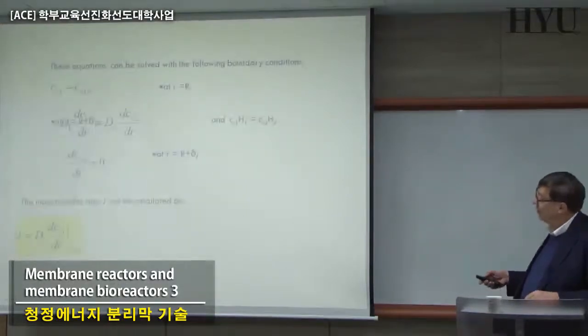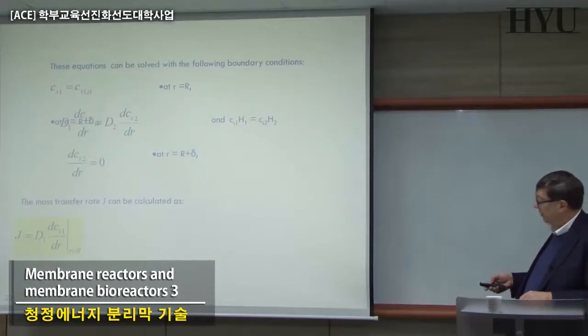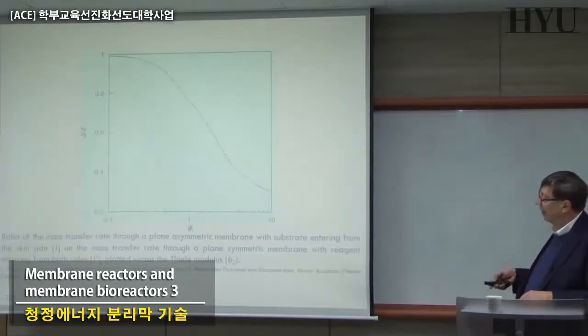If you do this, you can develop the equation and calculate the mass transfer across, the diffusivity, etc., and you will arrive at some J as a function of the Thiele modulus, and you have this kind of behavior.